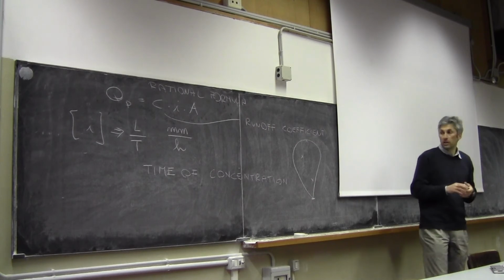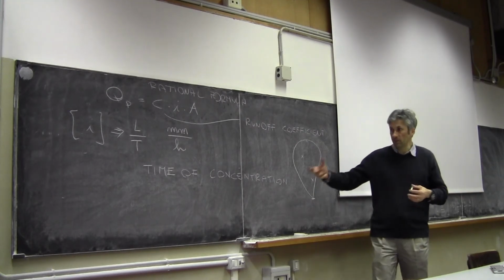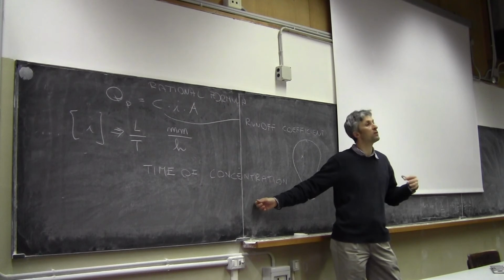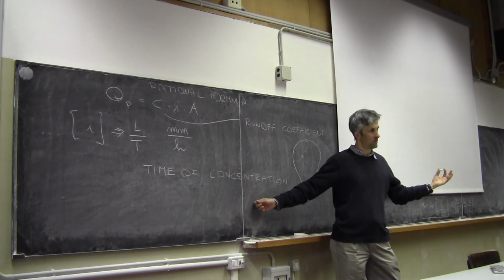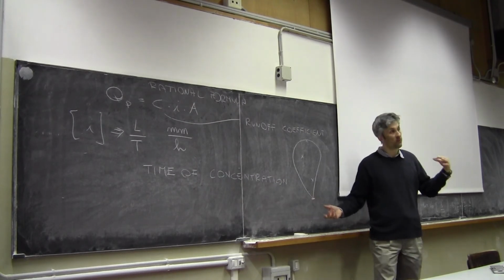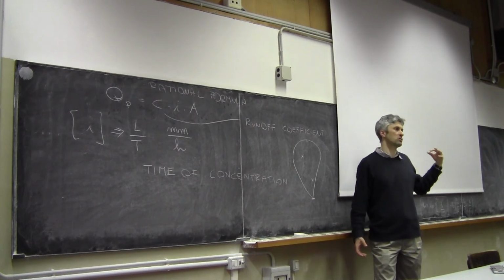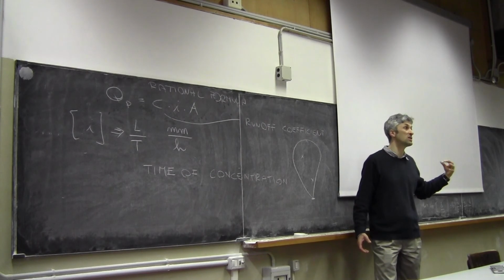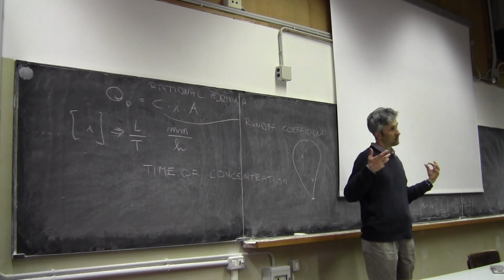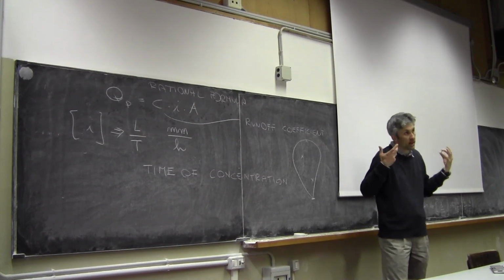And therefore, if you think about a basin that has a concentration time of 10 hours and it rains for 5 minutes, you understand that this is not a very dangerous rainfall. Even if the intensity is very violent, this is not very dangerous. Why?